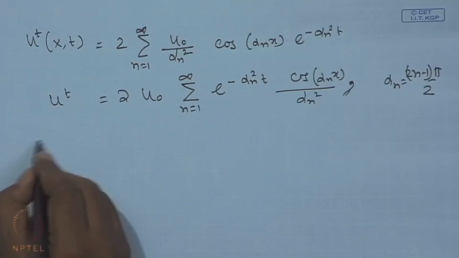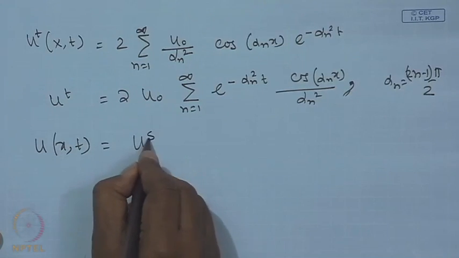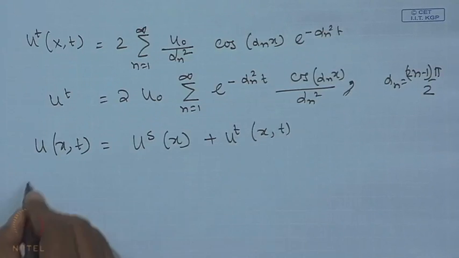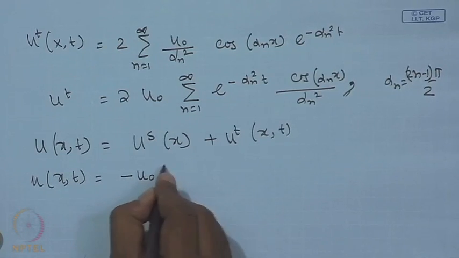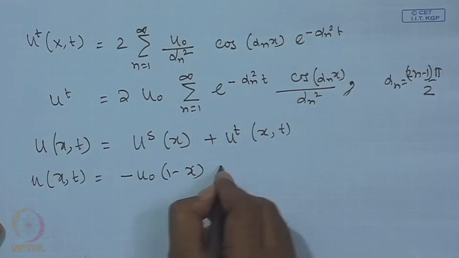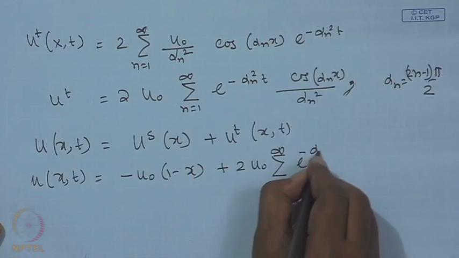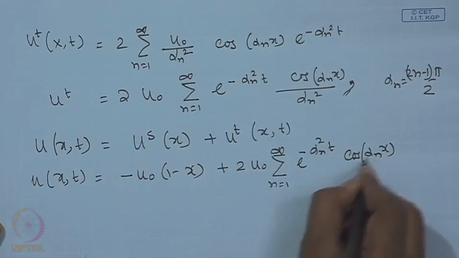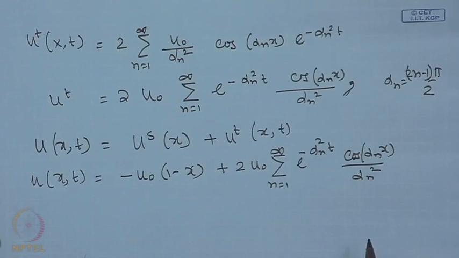The complete solution of u as a function of x and t is nothing but u s as a function of x plus u t as a function of x and t. So, we get the complete solution as minus u naught into (1 minus x) plus 2 u naught summation n is equal to 1 to infinity e to the power minus alpha n square t cosine alpha n x divided by alpha n square, where alpha n is equal to (2n minus 1) pi by 2.